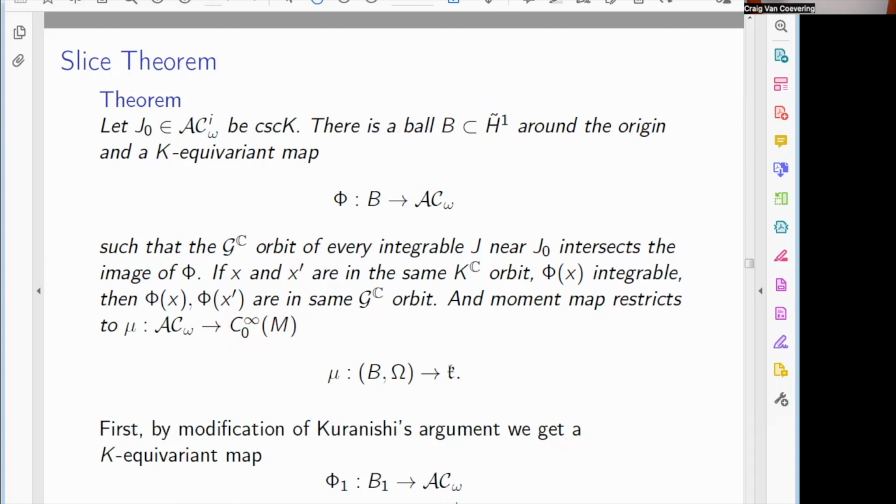But you can perturb this slice to cancel out the portion perpendicular to the isometry group of J0. I guess this didn't turn out right here.